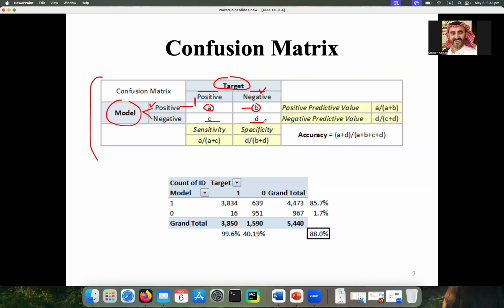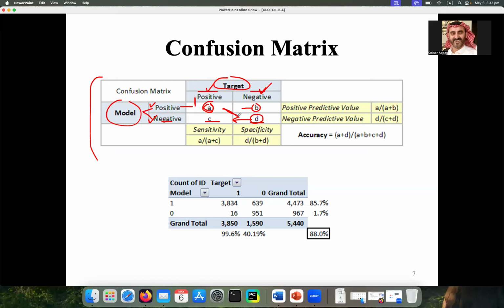Similarly here, the same reading you can go on. Your model predicted negative, but it was actually positive in the data set. Your model predicted negative, and actually it was negative. So negative predicted negative, that is correct. Positive, and model predicted positive, correct. Negative, and model predicted negative, correct.